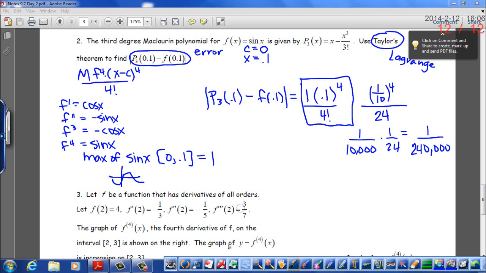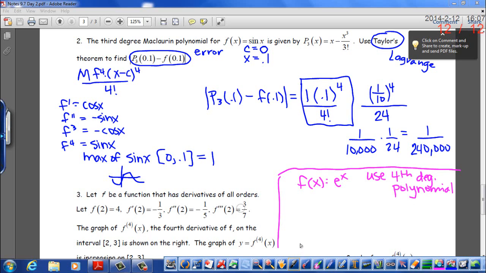Okay, let me make another little comment about finding the maximum of a function on an interval. Let's say that your f of x equaled e to the x. And let's say that we use the 4th degree polynomial to make an approximation.